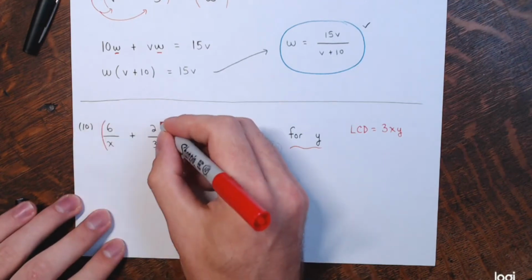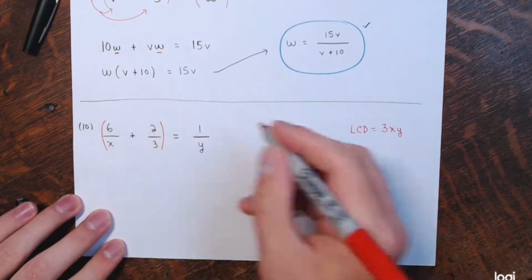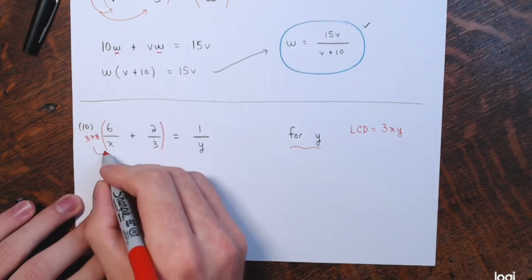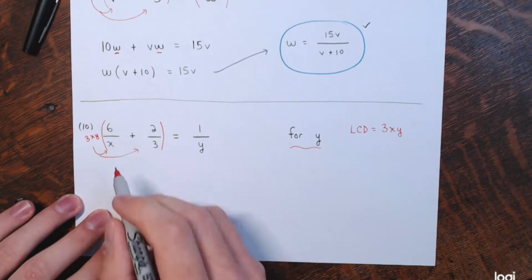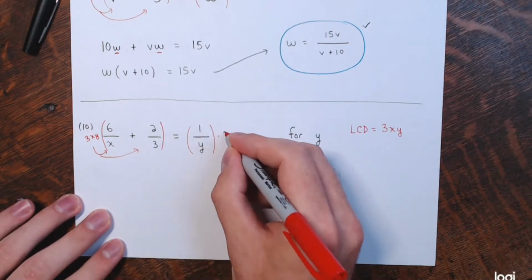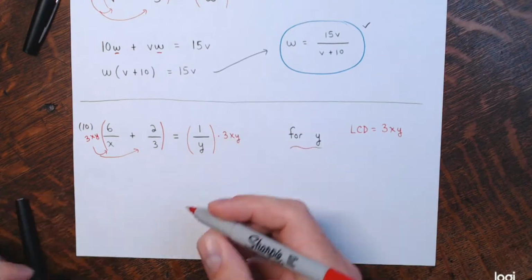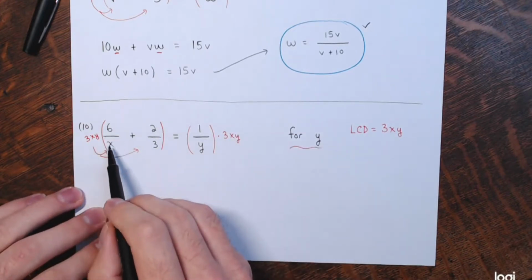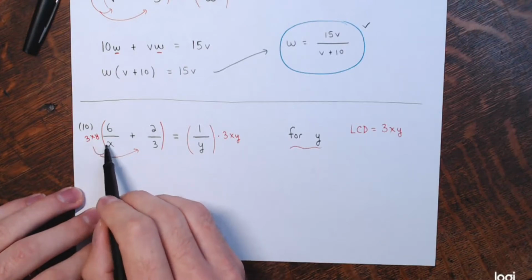Then multiplying the whole left side by the LCD, by 3xy, and that'll involve distributing because there are multiple terms. And doing the same thing to the right side, multiplying by the LCD, the 3xy. Now when I multiply this first fraction by the LCD, the x's cancel.